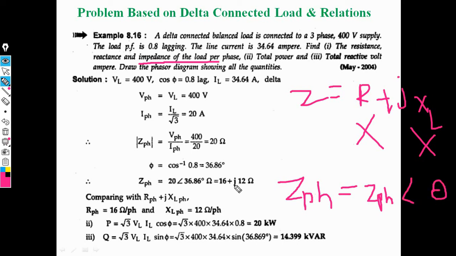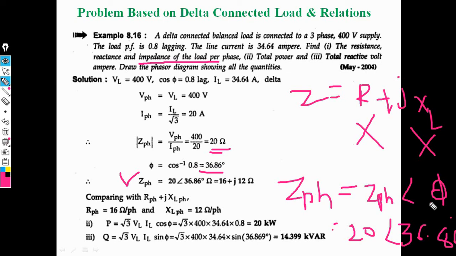Here ZPH is 20 and the angle phi is 36.86. So we calculate the total impedance in polar form: ZPH is equal to 20 angle 36.86 ohm.